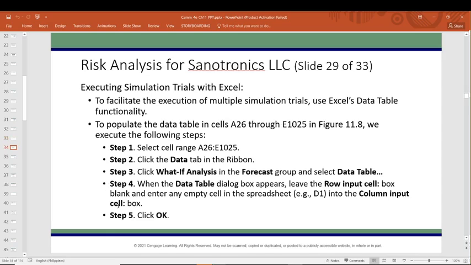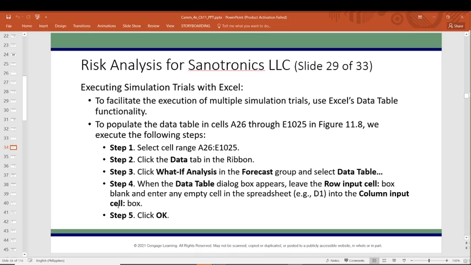In executing simulation trials with Excel, each trial involves randomly generating values for the random variables like labor cost, parts cost, and first year demand, and computing profit. To facilitate the execution of multiple simulation trials, we use Excel's data table functionality in an unorthodox but effective manner.